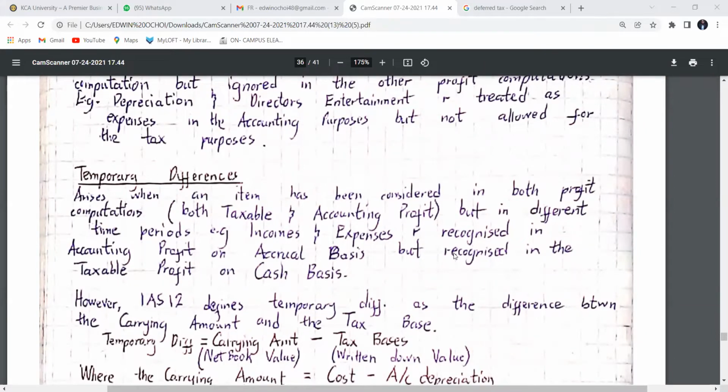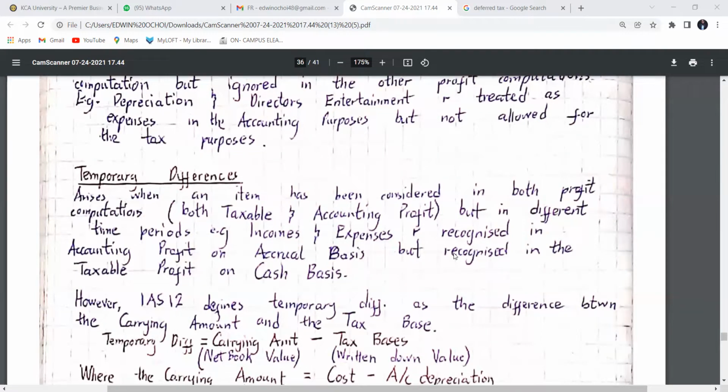For example, incomes and expenses are recognized in accounting profit on accrual basis. When I say accrual basis, it's like expenses before you pay for them. If it's incomes, before you receive those incomes, you recognize them on accrual basis.